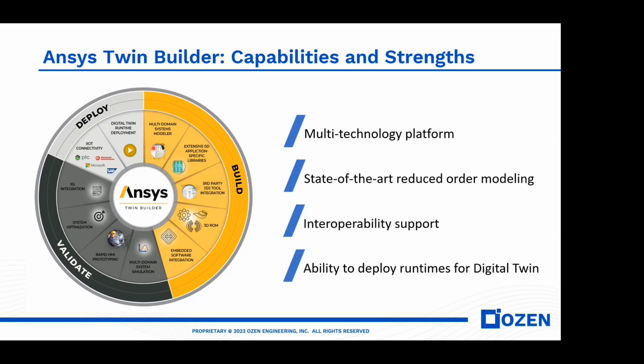You can see over here there is a library available. There is the possibility of third-party integration, integration with our flagship tools, and there is also embedded software integration. It contains the capability of extracting a reduced order model from these large-scale simulations that we do.